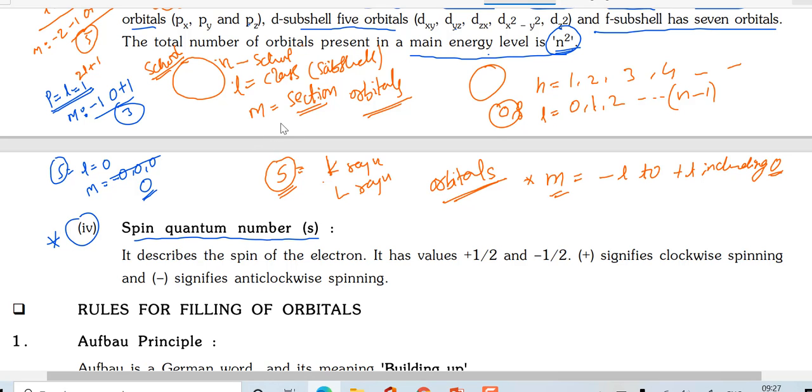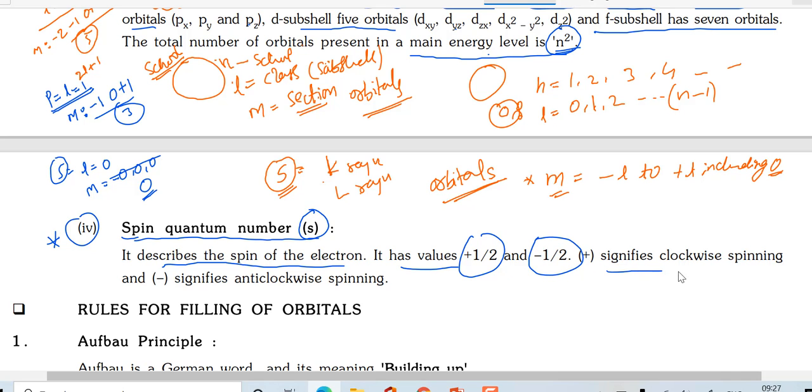Which surname is required? Like that, here they discovered later; Uhlenbeck and another, 2 of them, discovered and gave this spin quantum number. It is shown by small s. It describes the spin of the electron. It has values plus half and minus half.